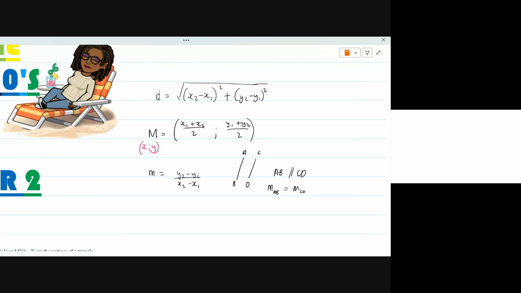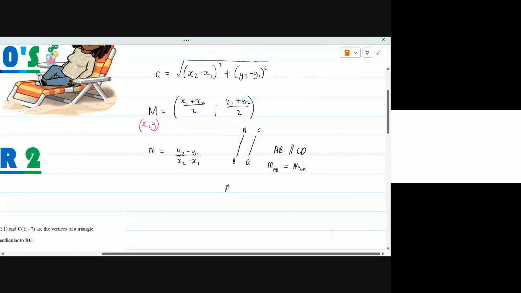Then I also know that if line AB is crossed by line CD such that they create a 90-degree angle, that means they're perpendicular to each other. So if AB is perpendicular to CD, then the gradient of AB times the gradient of CD must equal -1.